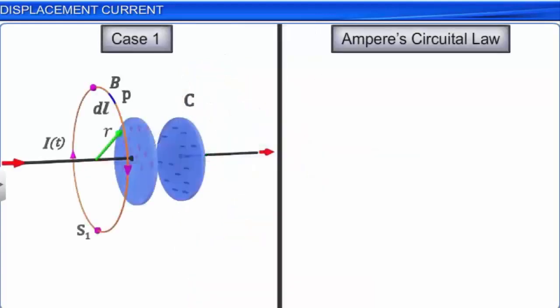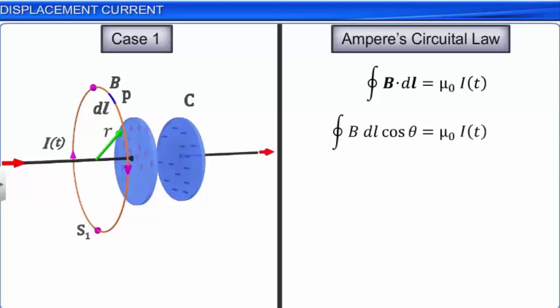From Ampere's circuital law, integral over the closed loop B dot dl is equal to mu naught IT. Since B dot dl is equal to B dl cos theta, Ampere's law can be written as integral over the closed loop B dl cos theta is equal to mu naught IT, where theta is the angle between the directions of the magnetic field B and the small element dl along the circumference.